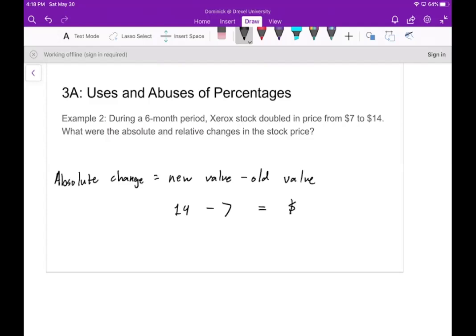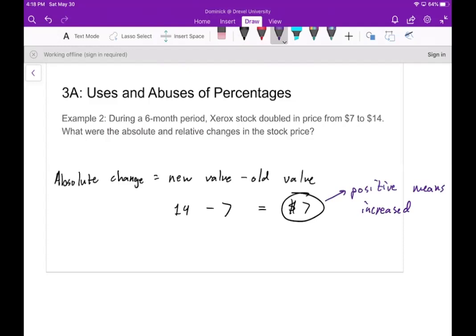So we get that our absolute change was 7. Now, of course, since this is positive, that means that it's an increase. Right, which makes sense because we started at 7 and we went to 14, and that obviously got bigger.